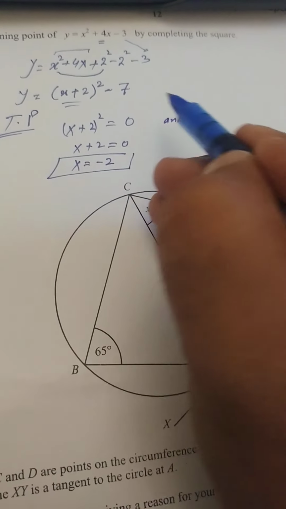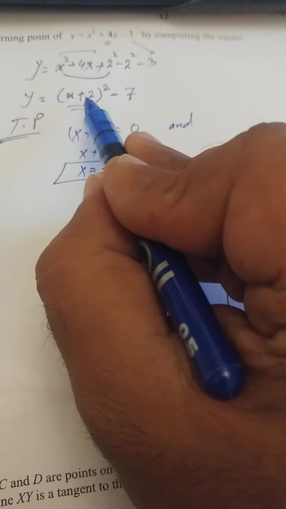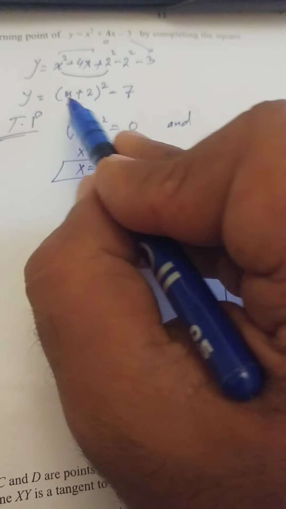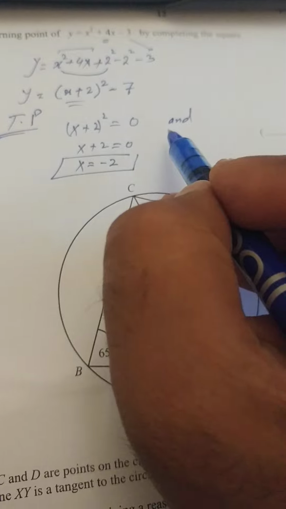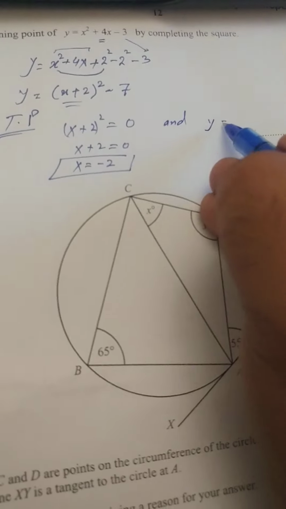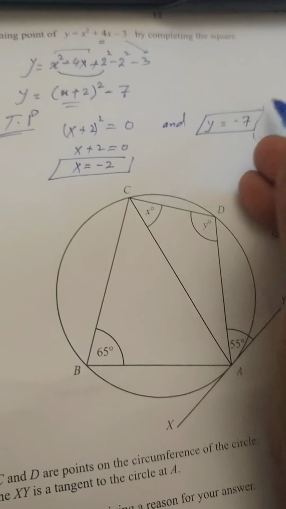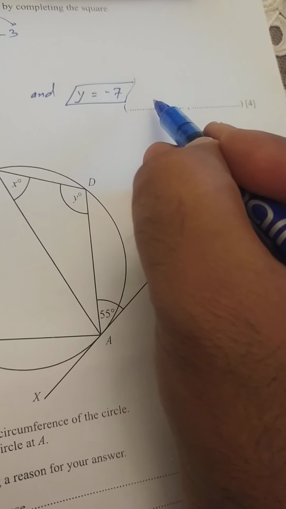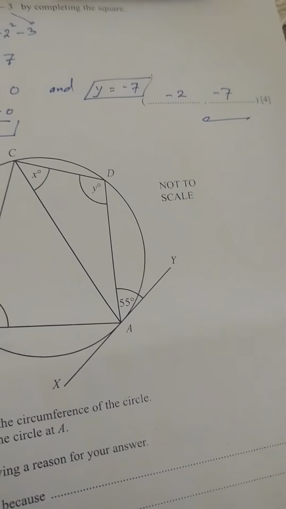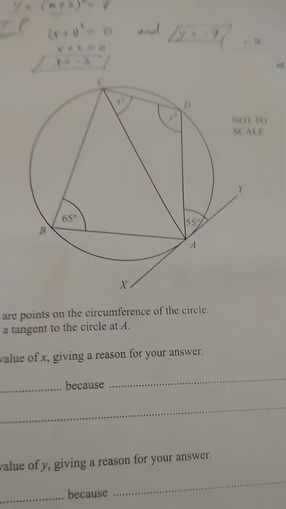And when this whole term is 0, for the turning point, this is the rule. We always put all the x terms equal to 0 and the y, what is left? y equal to negative 7. So my turning point is negative 2 and negative 7. That is the answer. This is a way of completing the square. I hope you cleared it.